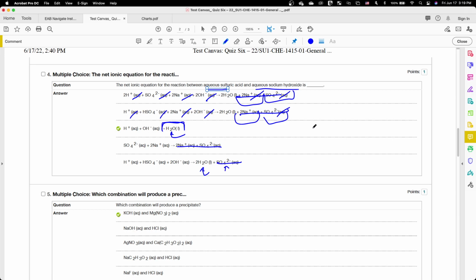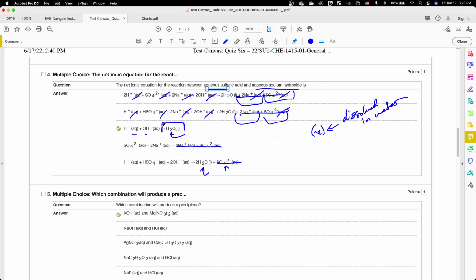Remember, when I say aqueous, I'm talking about having an AQ right behind the atom name. AQ means dissolved in water. And so when you're doing the net ionic equation one more time, you're always going to have two ions on the left side of the arrow, the reactant side, and those two aqueous ions will combine to make something that's not aqueous, not dissolved in water.